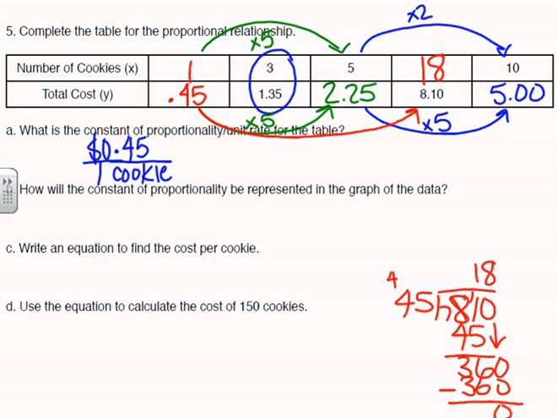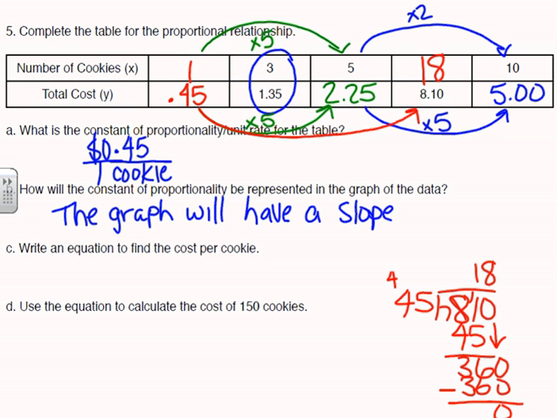Okay, can't stress enough, you have to have your units to get the point for a problem like that. All right, the constant of proportionality will be represented in the graph with the slope. So the graph will have a slope of 45 hundredths.